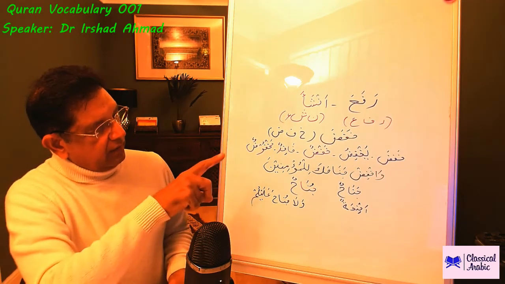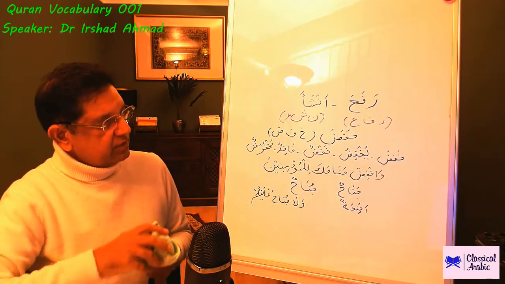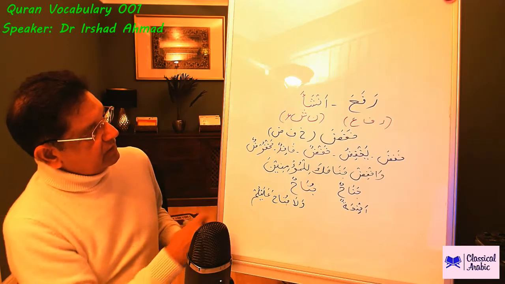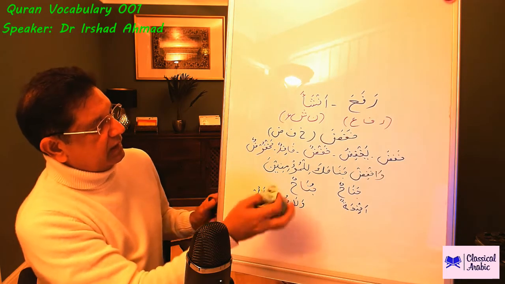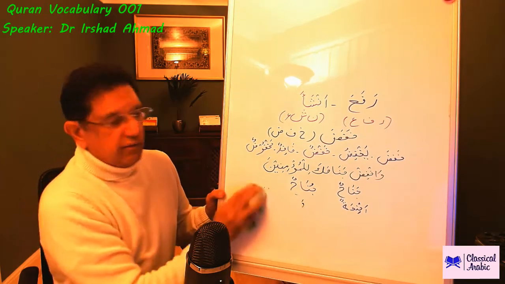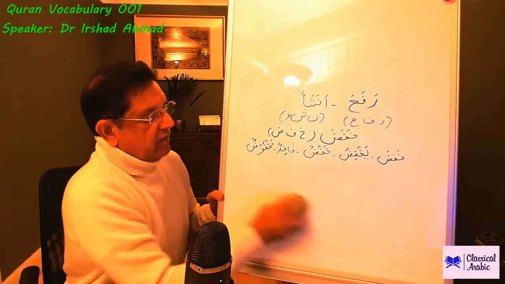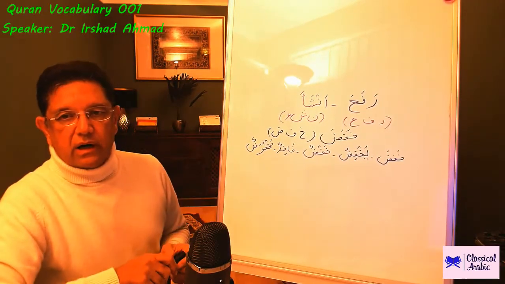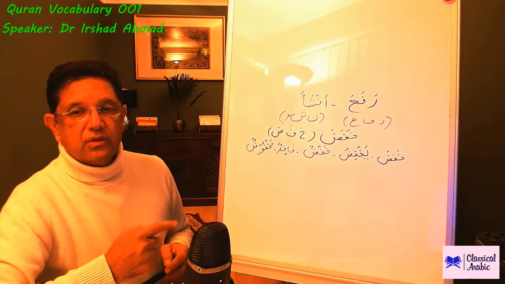For this root, we actually have Ismul Fa'il and Ismul Maf'ul as well, used for example in Surah Waqia. In Surah Waqia: إِذَا وَقَعَتِ الْوَاقِعَةُ لَيْسَ لِوَقْعَتِهَا كَاذِبَةٌ خَافِضَةٌ رَافِعَةٌ.